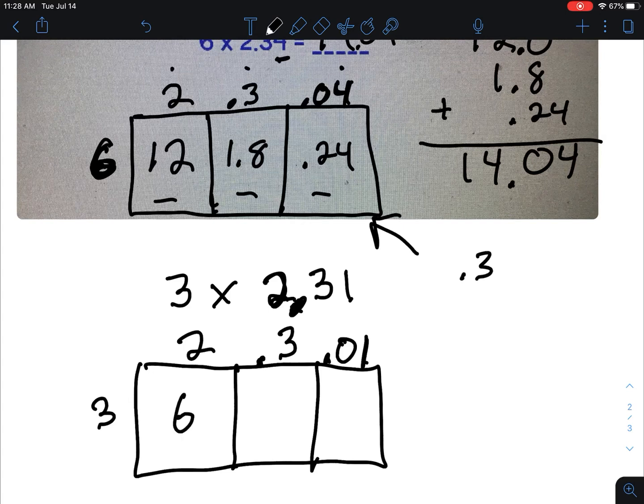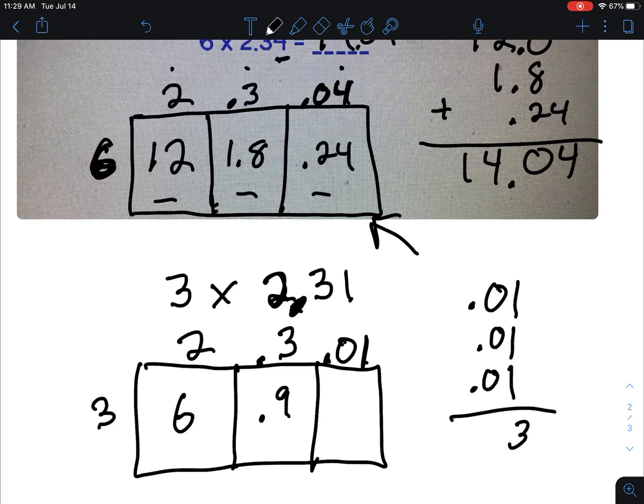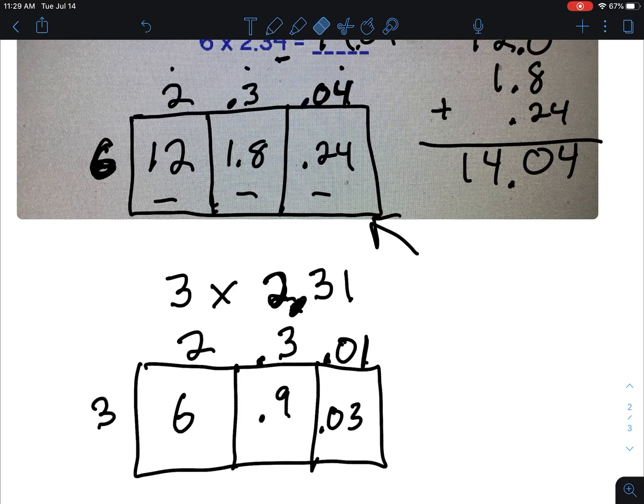So 3 times 2 is 6. 3 times 3/10 is 9/10. And then last, you have 1/100th times 3, which gives you 3 hundredths.